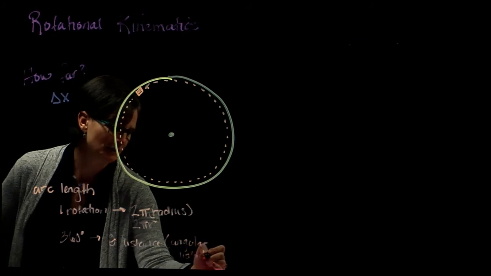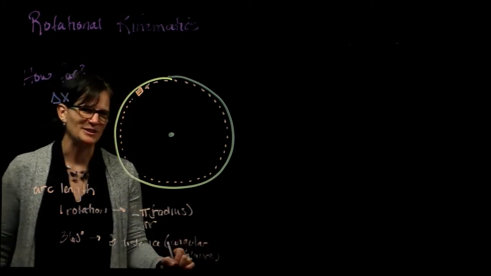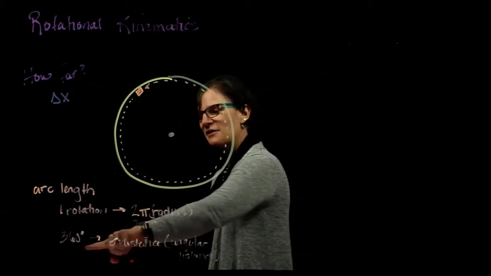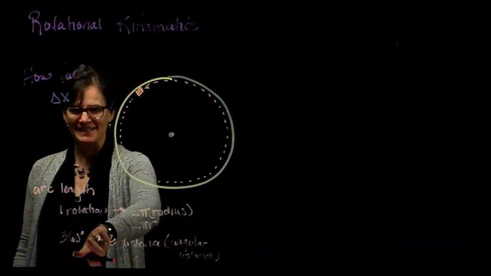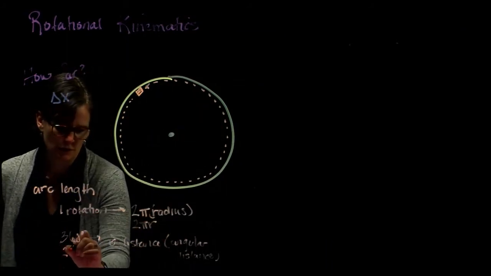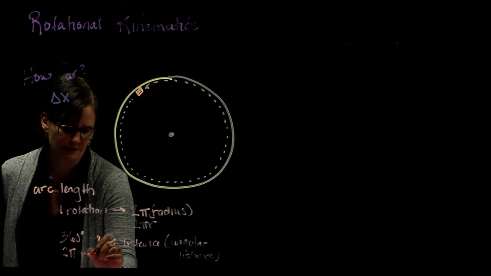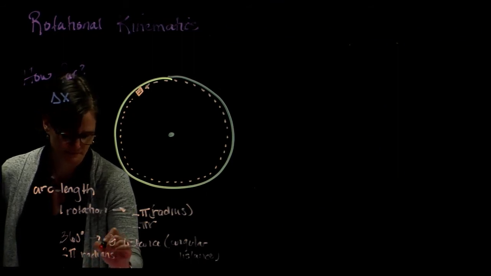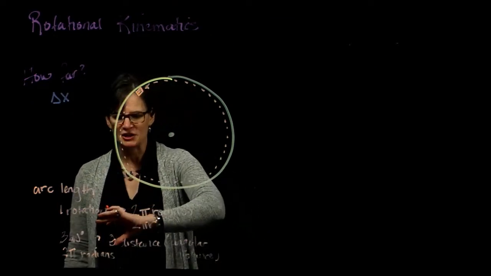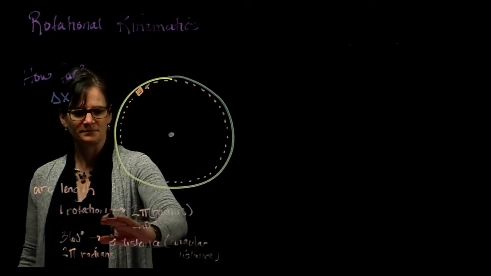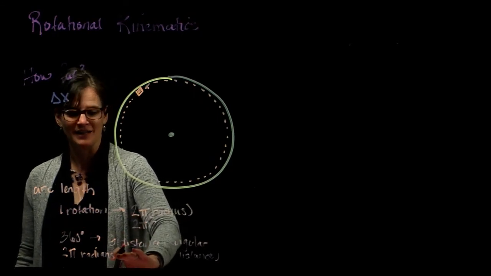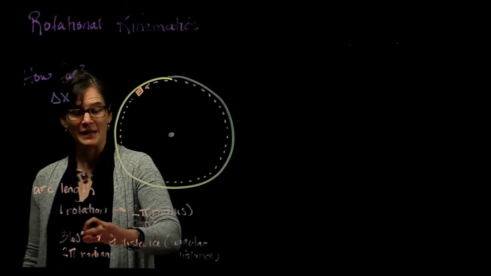Now, as it turns out, we don't actually operate in the degree world. We operate in the radians world. And 360 degrees in radians is 2 pi radians. So this actually gives us a relationship between one rotation and how far that is in radians.